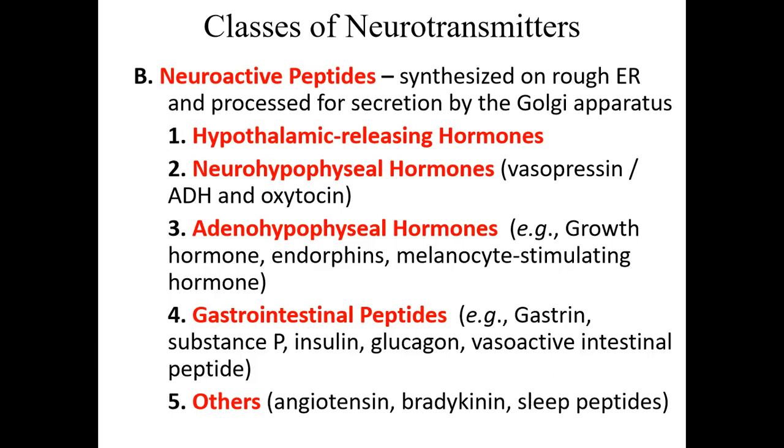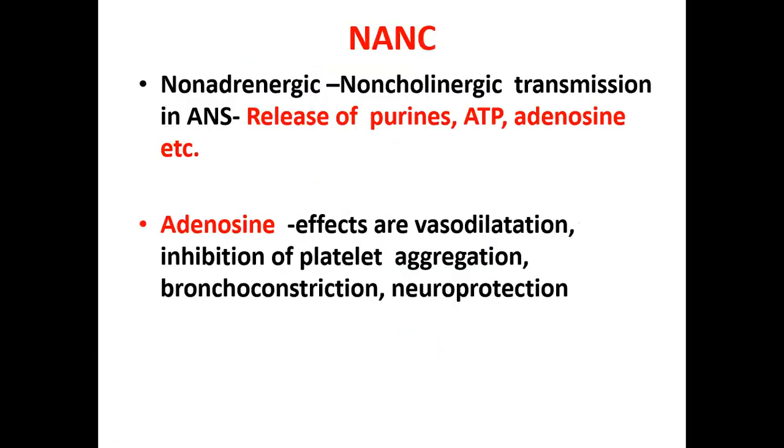We have adenohypophyseal hormones: growth hormone, endorphins, MSH (melanocyte stimulating hormone), and other neuroactive peptides. Then we have gastrointestinal peptides like gastrin, substance P, insulin, glucagon, and vasoactive intestinal peptide. And there are others like angiotensin, bradykinin, and sleep peptides.